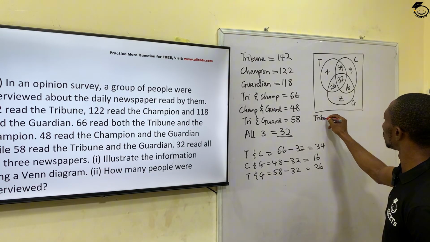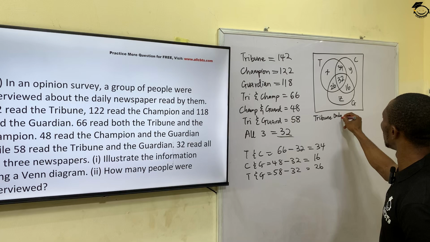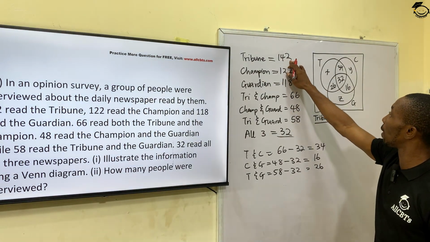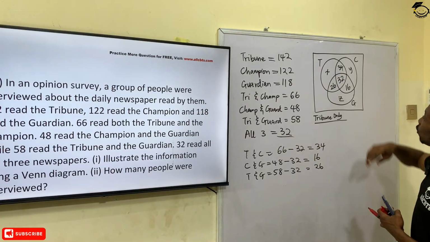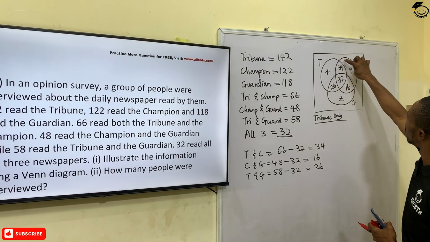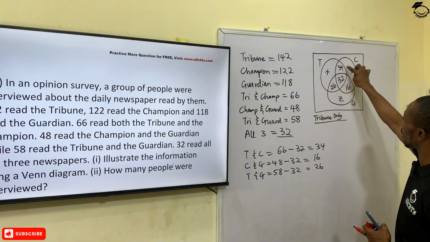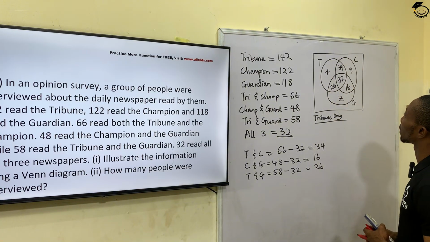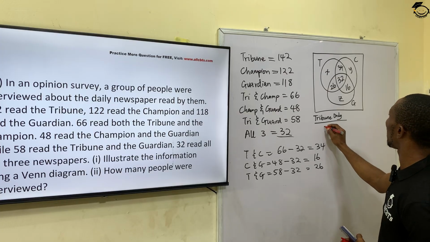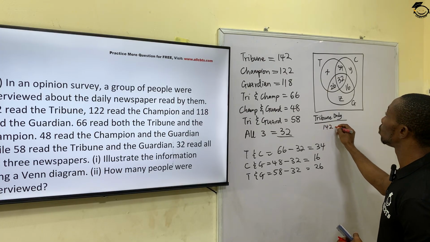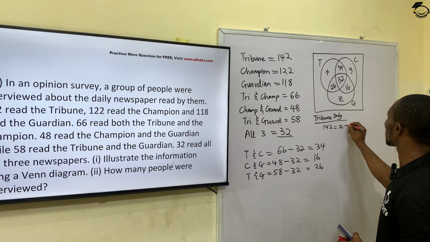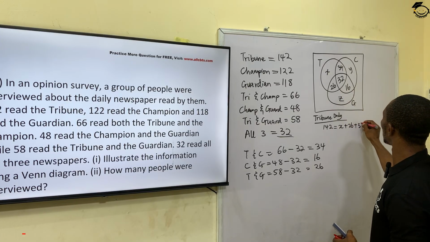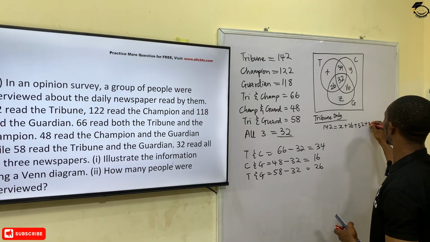Now, to find this, for Tribune only, we're told that 142 people read Tribune. So that means if we look at our Tribune circle, the entire number here should sum up to 142. So we'll do this as x, and 142 equals x plus 26 plus 32 plus 34.